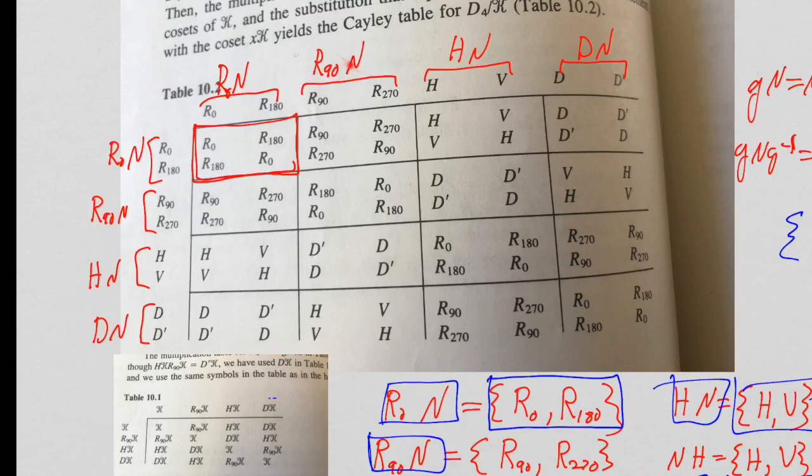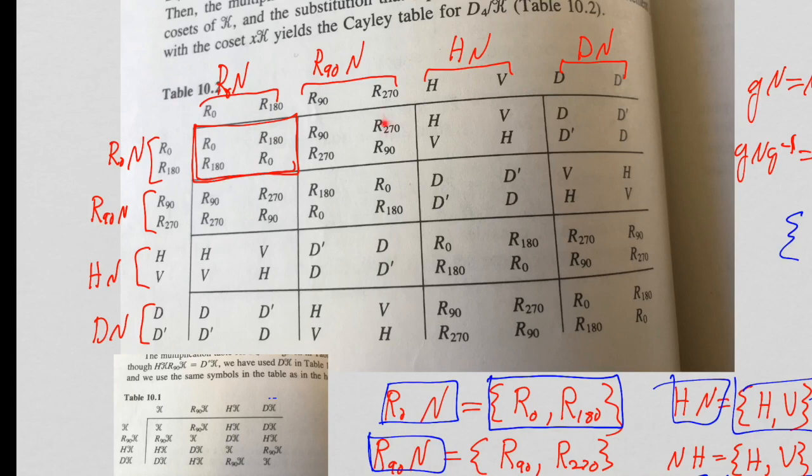R90, what's its inverse? Well, the inverse of R90 is still R90, right? Because every element in R90, R90 times R270, right, is the identity. R90 times R90 is R180, and R180 is in the normal subgroup, right?